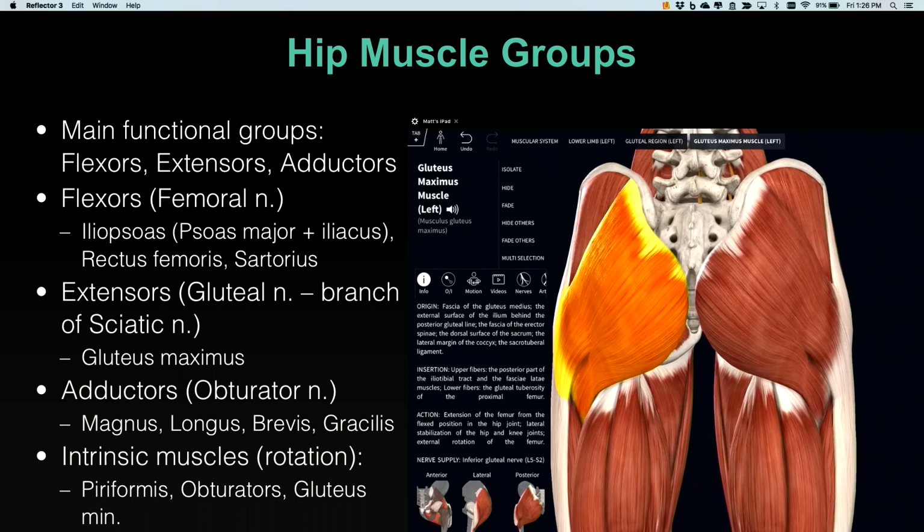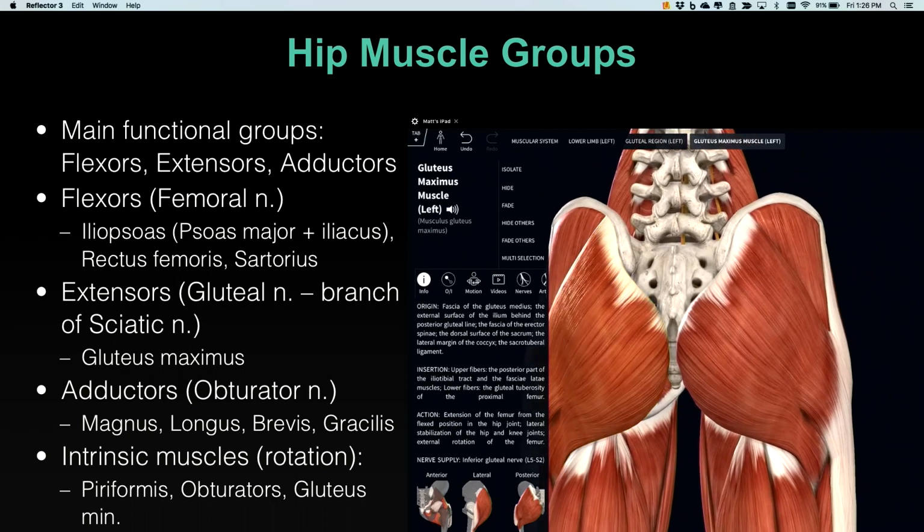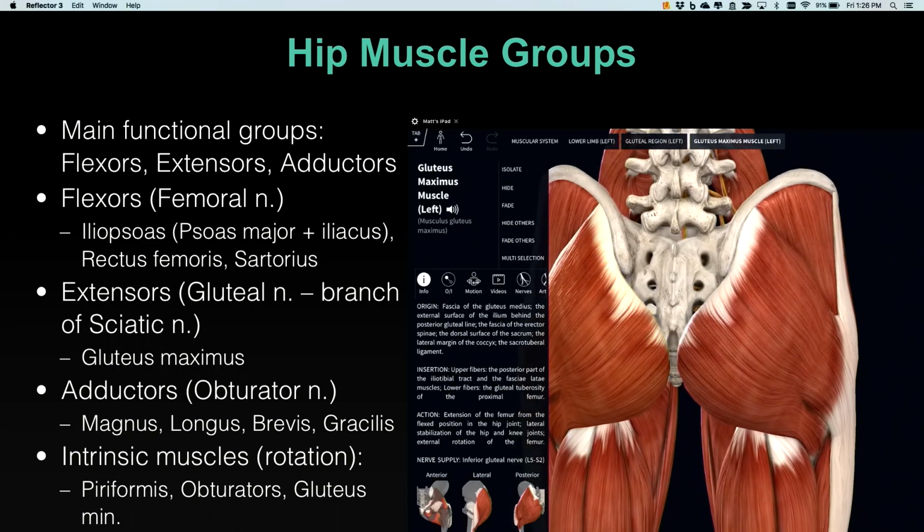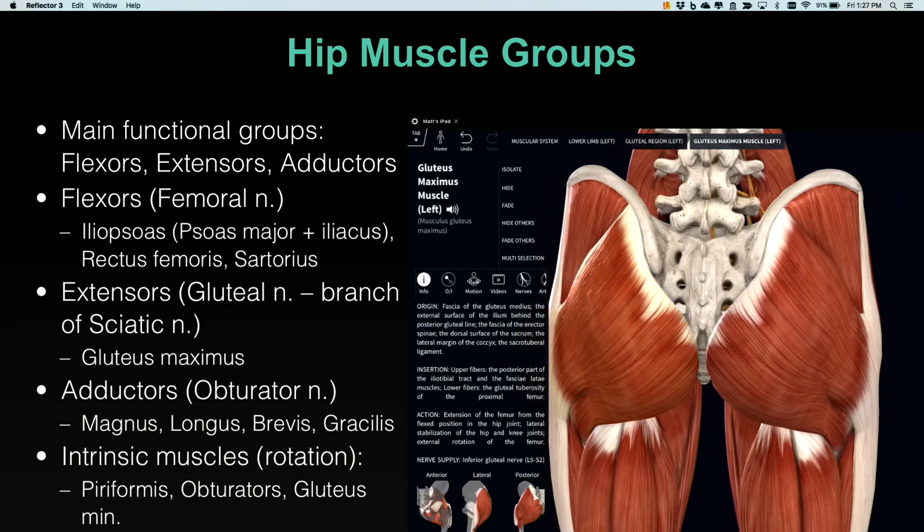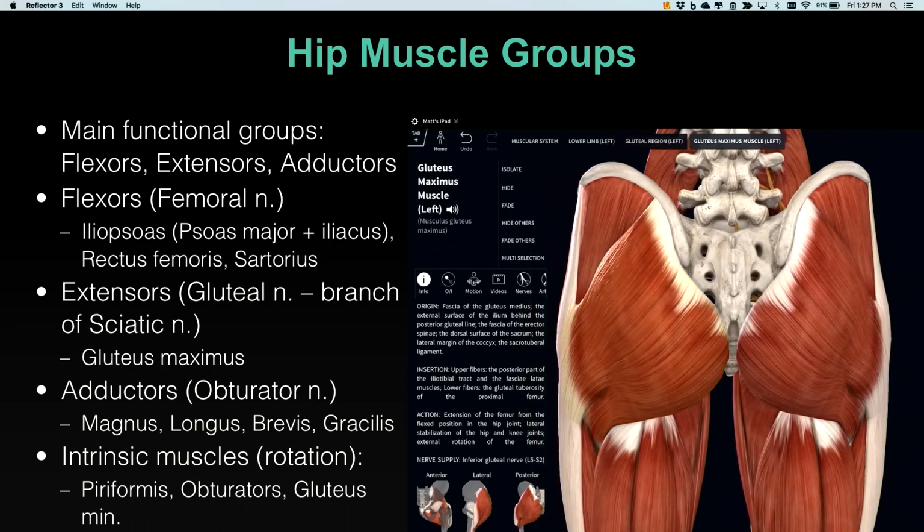And it originates across a fairly wide area. You see the posterior aspect of the iliac crest, the body of the sacrum, and the coccyx proper. All three regions across the back of the pelvis are where Gluteus Maximus originates.